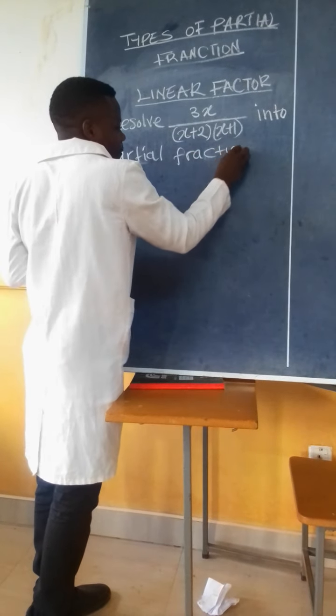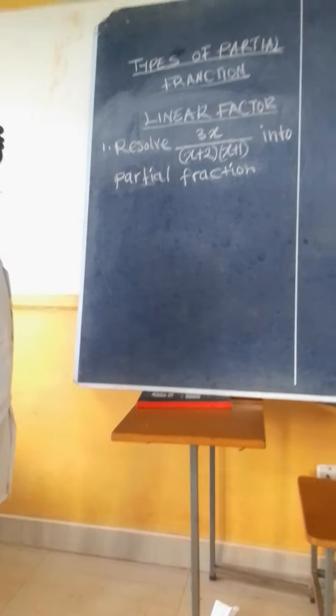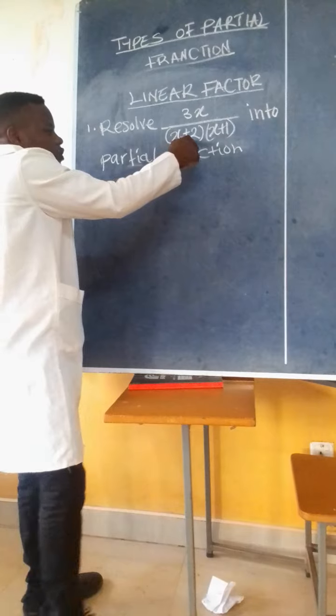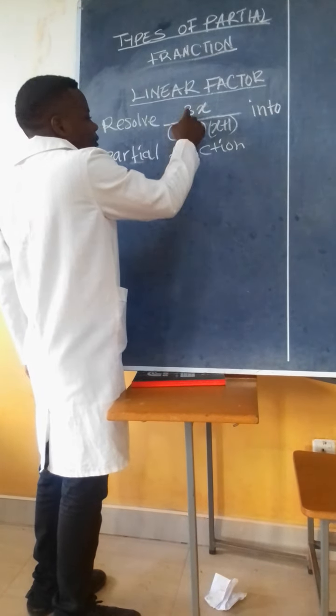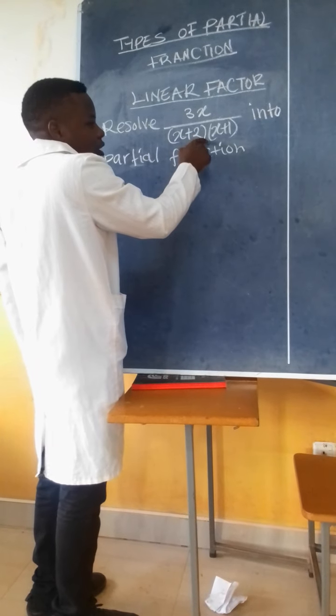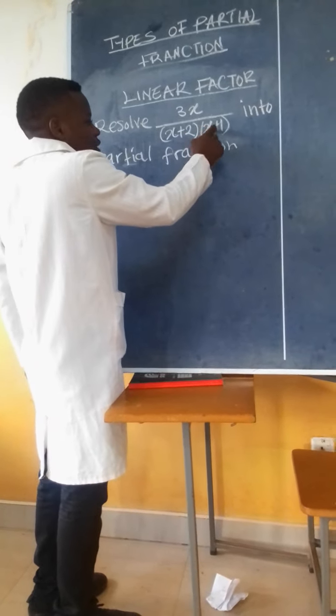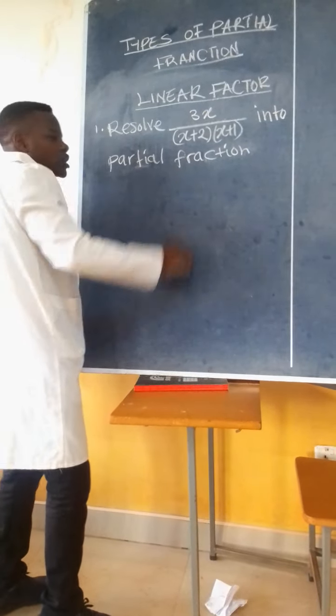Resolve 3x over x plus 2, x plus 1, meaning resolve 3x over open brackets x plus 2 close brackets open brackets x plus 1 close brackets into partial fractions.